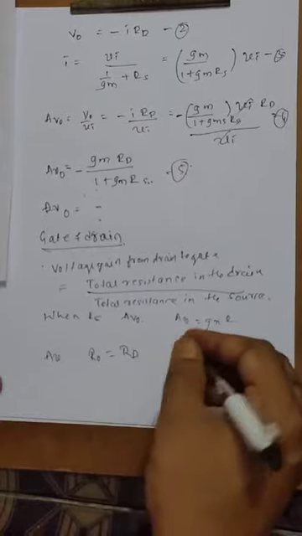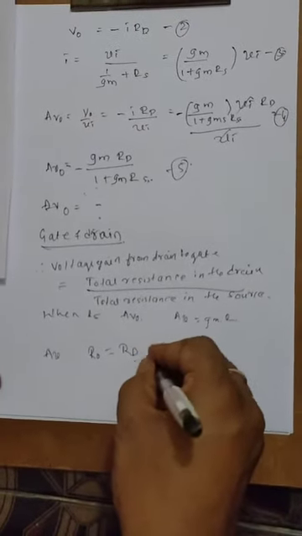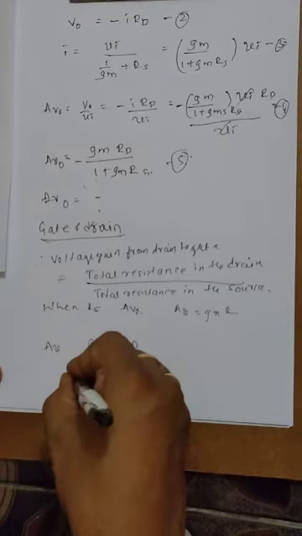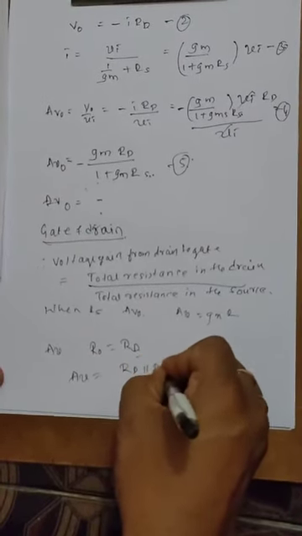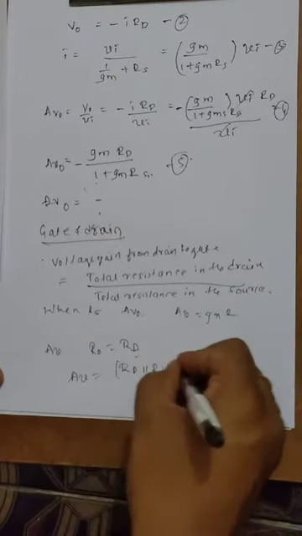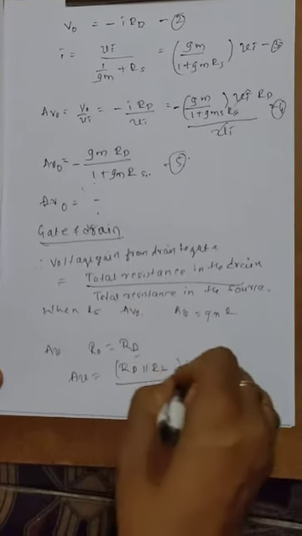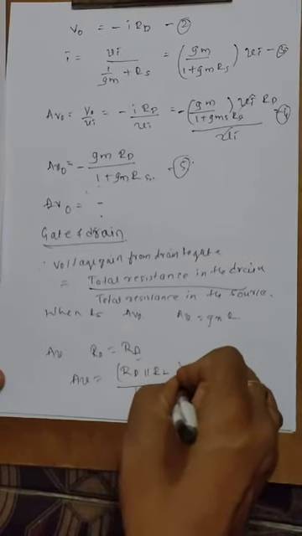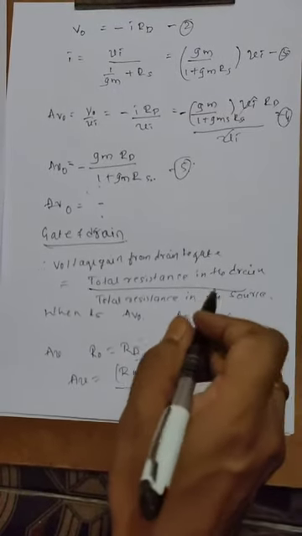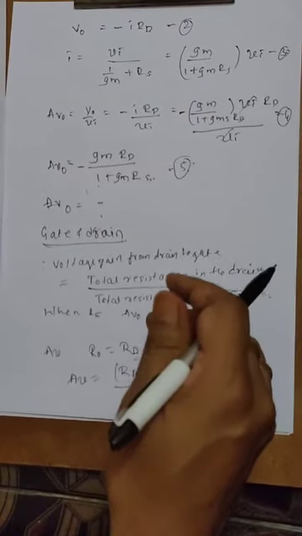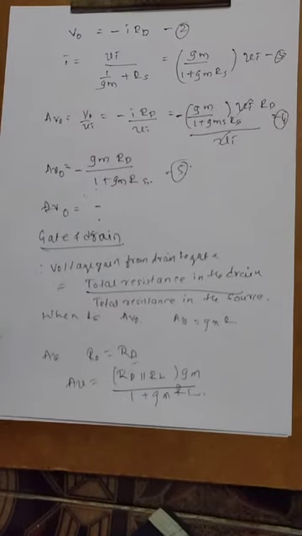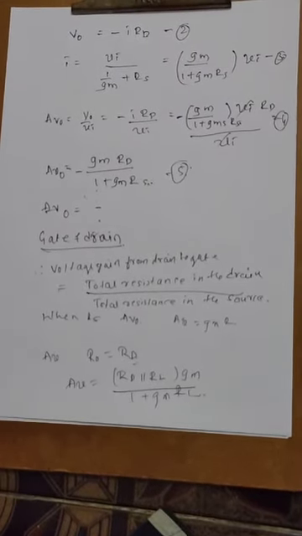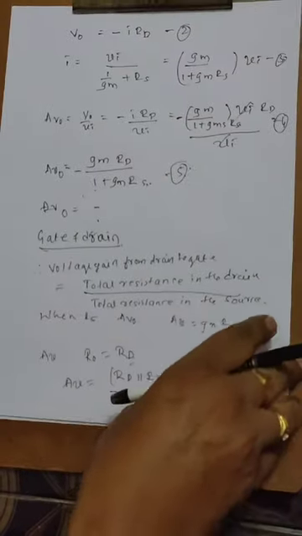When we connect the load, the output resistance is RD in parallel with the load resistance RL, and the voltage gain is RD in parallel with RL divided by, into Gm divided by 1 plus Gm into RL. This is how we can find the voltage gain from drain to gate terminal, and this is regarding the common source amplifier with source resistance. Now we will move to the next subtopic, that is MOSFET internal capacitance.